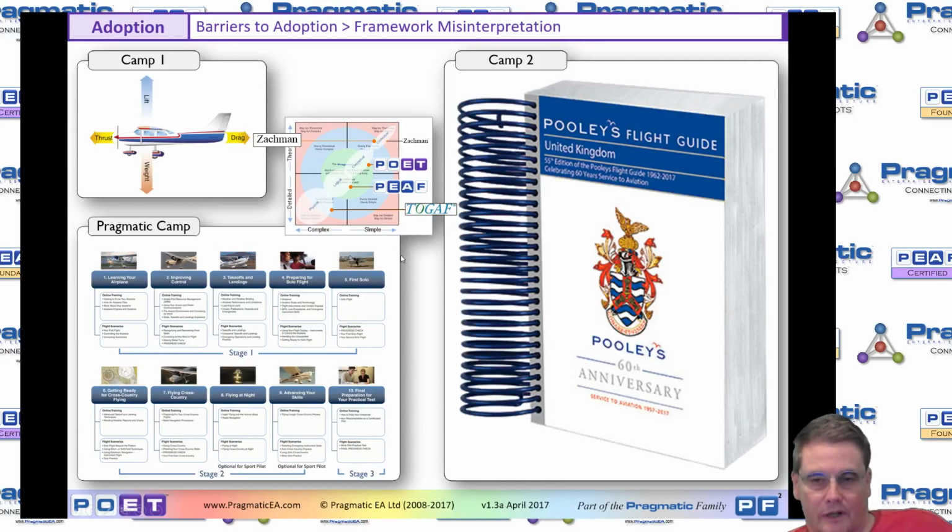So 50% of the people I speak to will say, oh, PEAF and POET, yeah, it's too simple for us to use. And then the other 50% of people will say, oh yeah, it's far too complicated for us to use. In fact, the truth is in the middle. It's pragmatic. That's where it was designed to fit, in the middle.